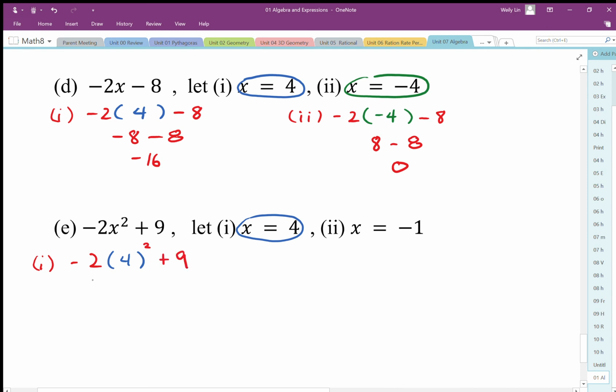And plus 9. So I have to use BEDMAS here. Negative 2, I'm going to square first. And again, notice I can see my equals vertically. Everything has to be brought down that doesn't get calculated. Negative 2 times 16 is negative 32. Negative 32 plus 9, I'm going to become negative 23.